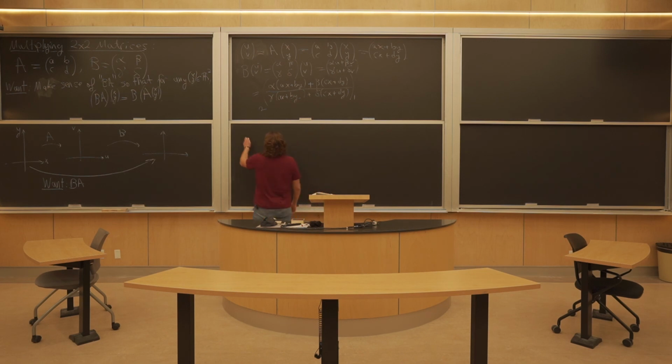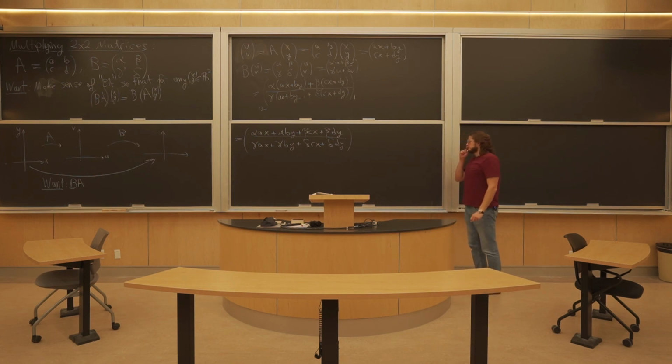Now expanding, I get this. So this is alpha ax plus alpha by plus beta cx plus beta dy as the first row. And then the second row is gamma ax plus gamma by plus delta cx plus delta dy.